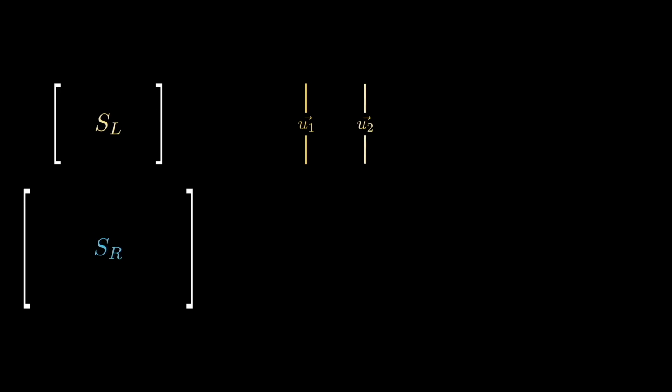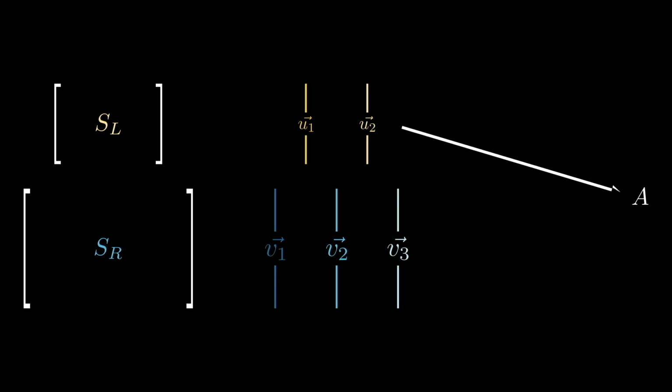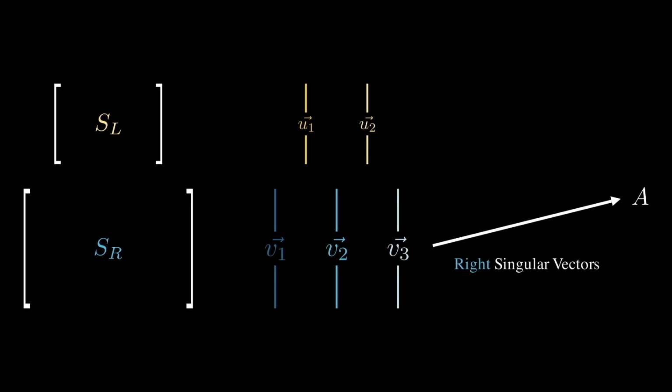So, S left would have 2 perpendicular eigenvectors in R2, and S right would have 3 perpendicular eigenvectors in R3. Since all those eigenvectors are closely related to the original matrix A, we have special names for them as well. The eigenvectors of S left are known as the left singular vectors of A, and likewise, the eigenvectors of S right are the right singular vectors.